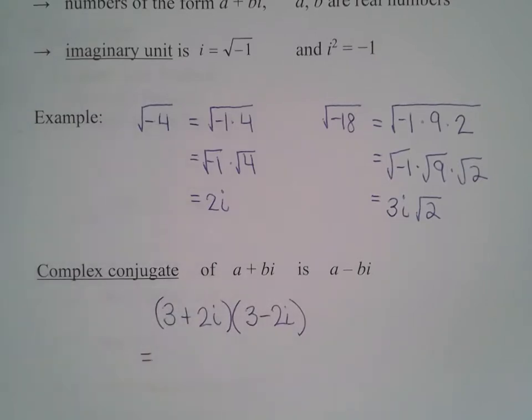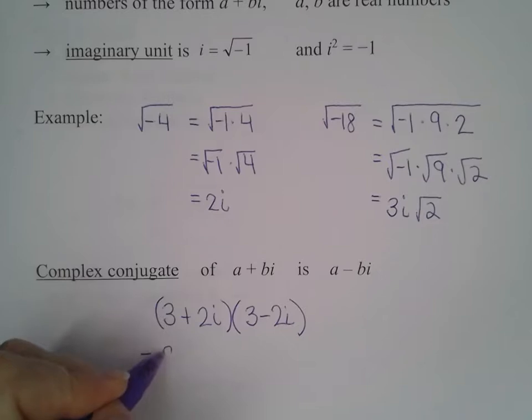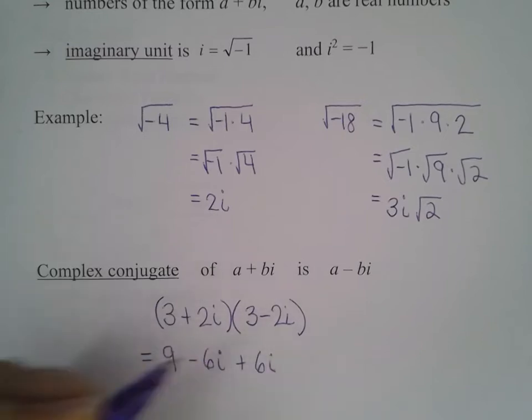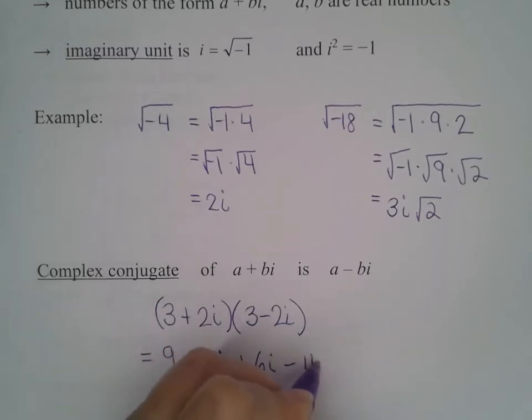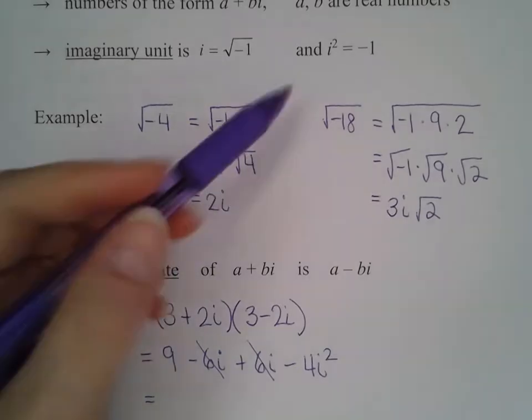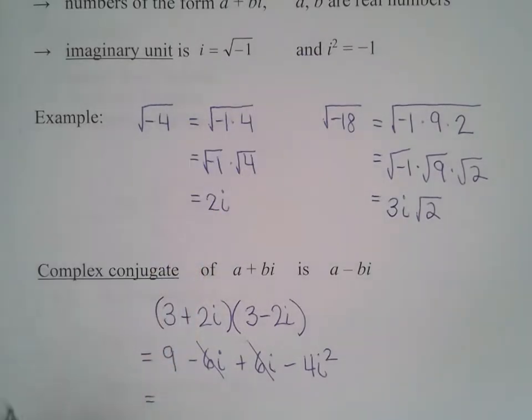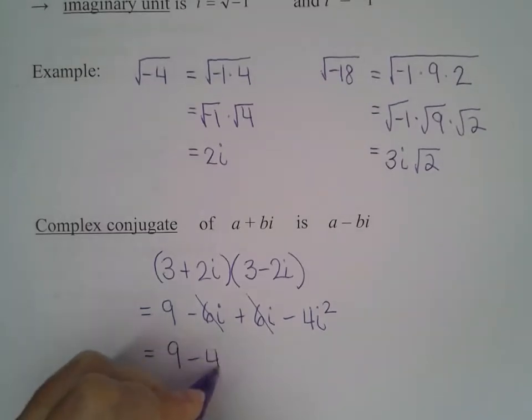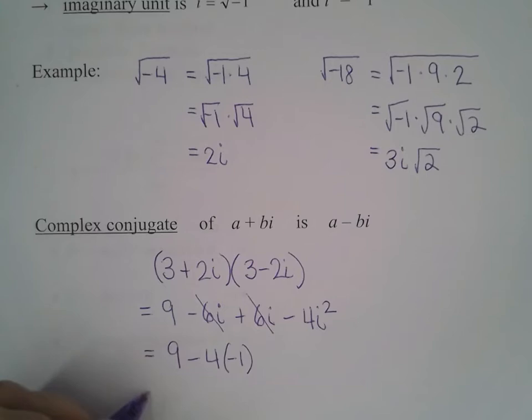we could use FOIL to multiply these. So we'd have 9 minus 6i plus 6i minus 4i squared. So the minus 6i and the plus 6i, those are going to add to 0. Remember we said way up here that i squared is -1. So this becomes 9 minus 4 times -1. Really that i squared is just going to change the sign.